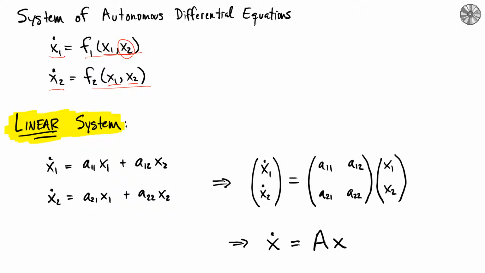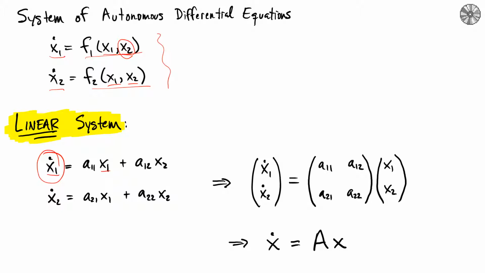This describes essentially the format of what we're going to be talking about in the class. We will talk about some nonlinear systems, but the first way we're going to start out is by talking about a linear system of autonomous differential equations. When the system is linear, that means the differential equation of each state can be expressed as a linear combination of the states.